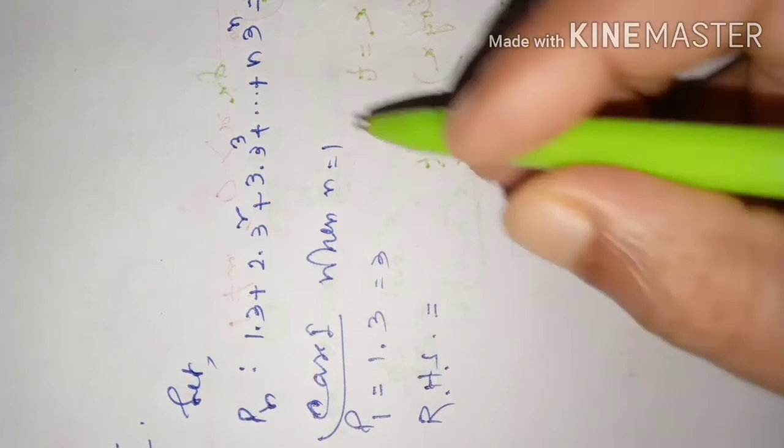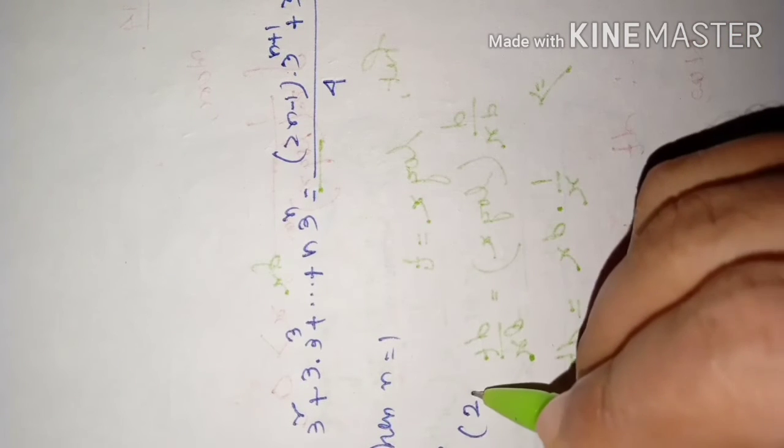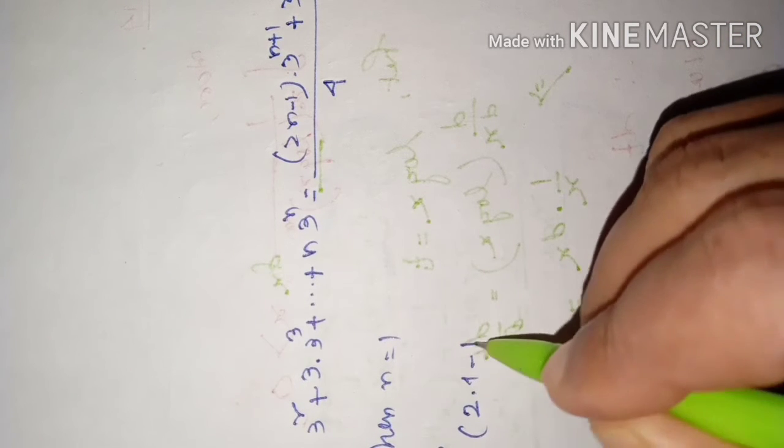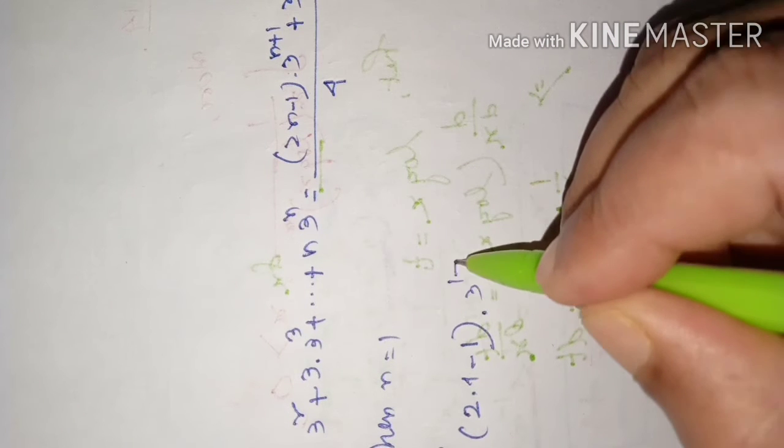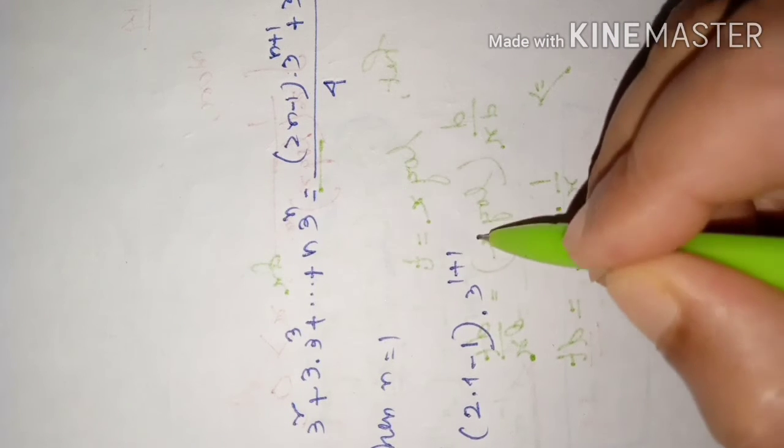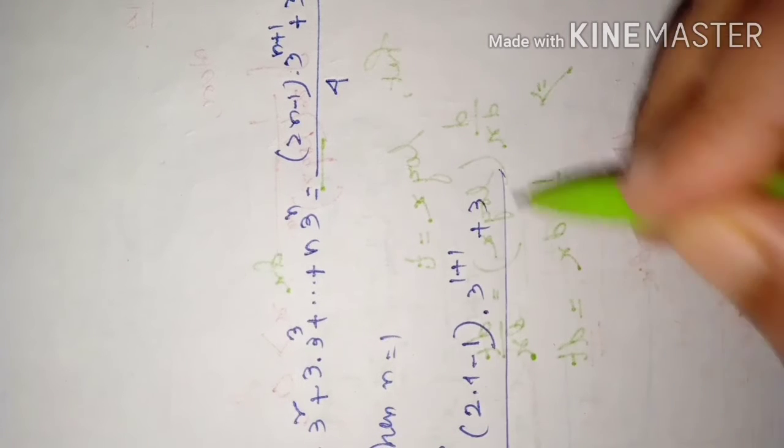In the right hand side, n equal to 1, you have to substitute. The right hand side is 2n minus 1 into 3 to the power of n plus 1, plus 3, whole divided by 4.